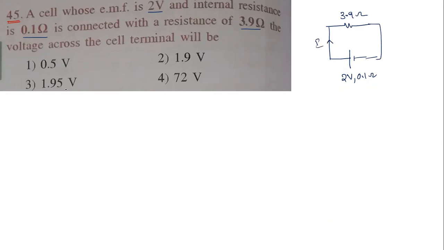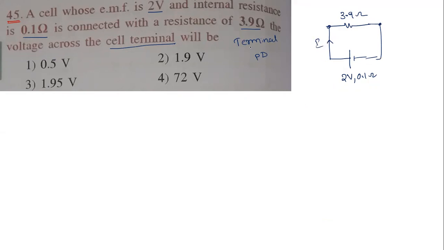Now they are asking for the voltage across the cell terminal, which means they are asking to find the terminal potential difference. Terminal potential difference across the cell terminal means across this resistor, when the circuit is closed. So we need to find how much current is going to flow first.